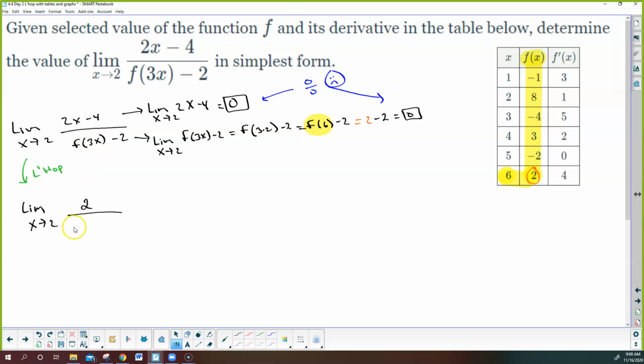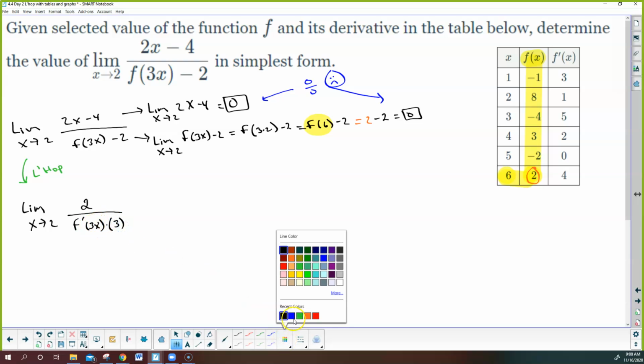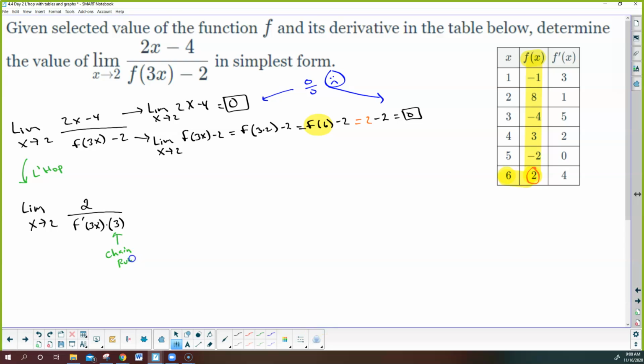There's a chain rule here. So I'm going to take the derivative of the outside, which is f prime. We're going to keep the inside, and then I have to multiply by the derivative of the inside, which is 3. That is the number one mistake on this problem, is students just forget that we have to apply the chain rule.